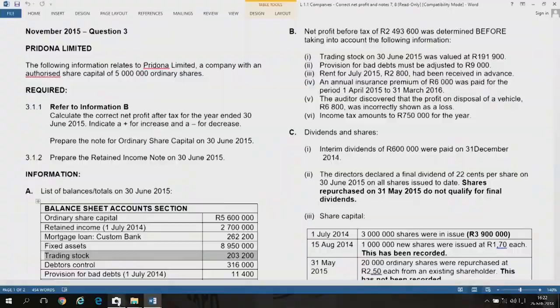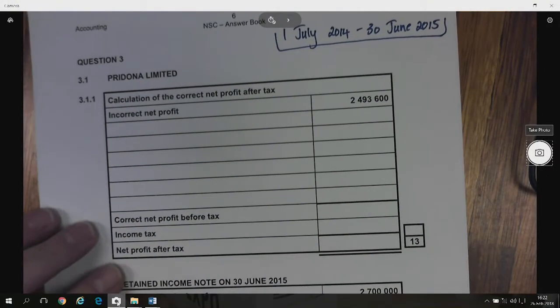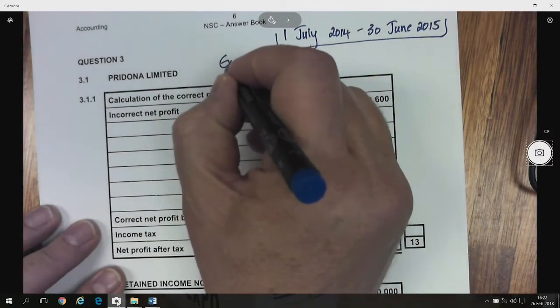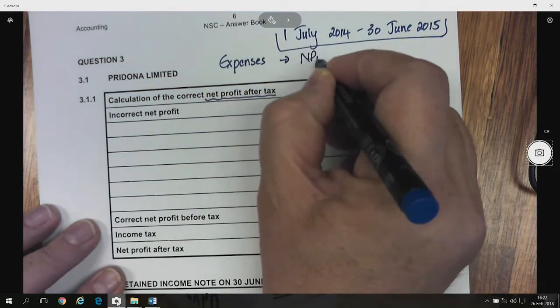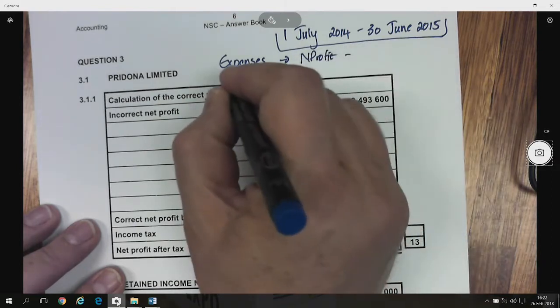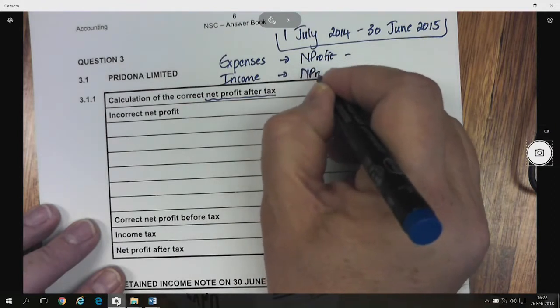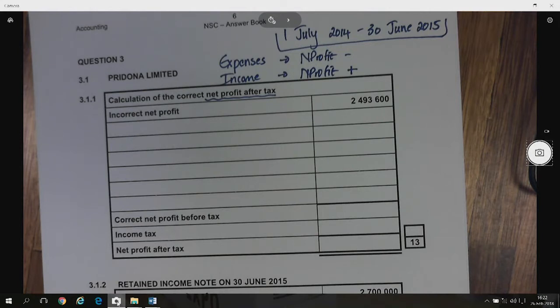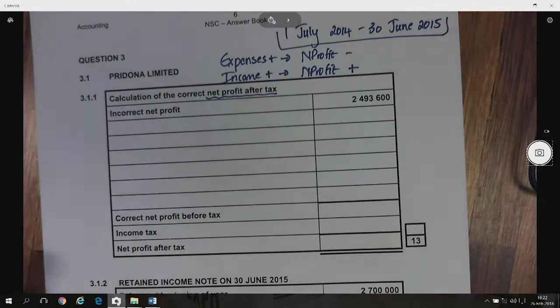Remember that when we calculate the net profit after tax, all expenses will make your net profit less, and all income will make your net profit more. If expenses become less, your net profit will become more, and the same for income. So more expenses make the net profit less, more income make your net profit more.